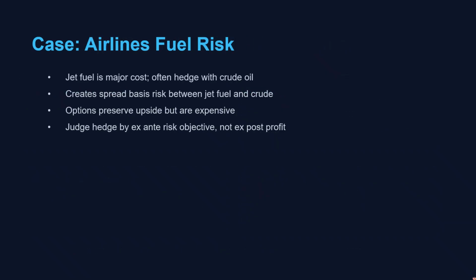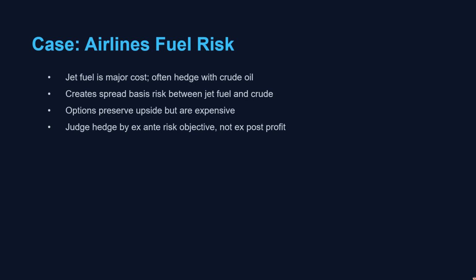Let's have a look at a classical applied example from the original GARP materials. For airlines, jet fuel is a major and highly volatile cost. In principle, hedging fuel exposure seems straightforward, but in practice, the firm may not always have a perfect jet fuel derivative available at the right tenor and liquidity. So it may hedge using related instruments such as crude oil or heating oil contracts.